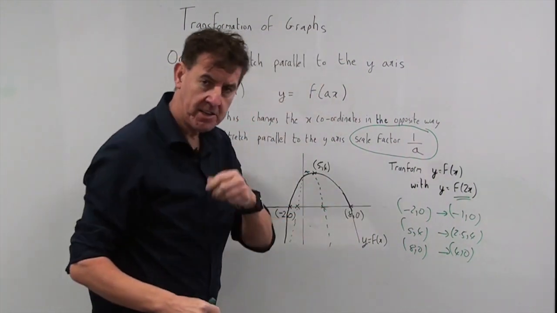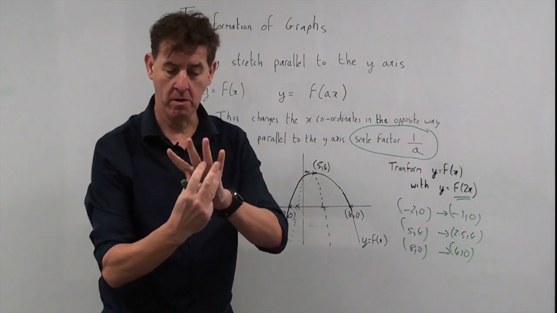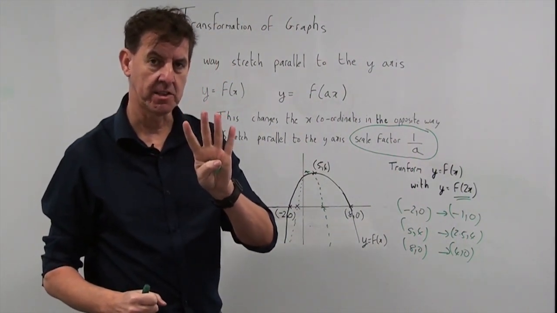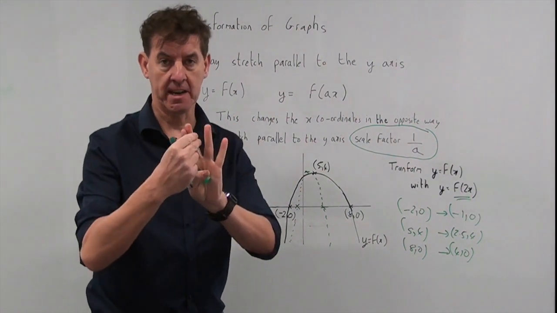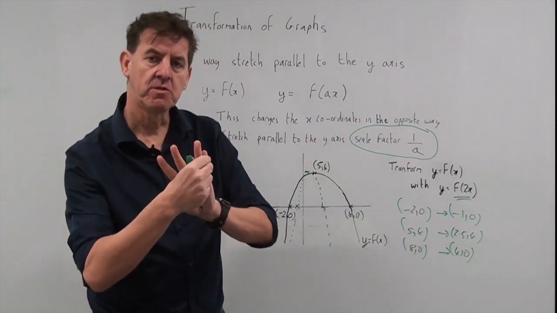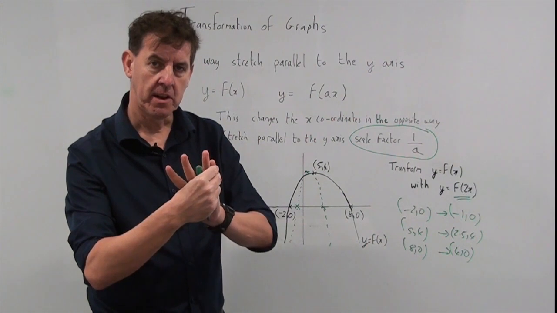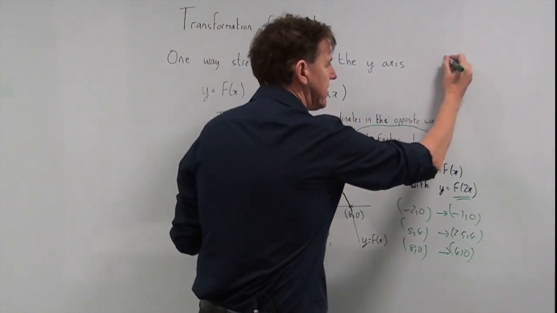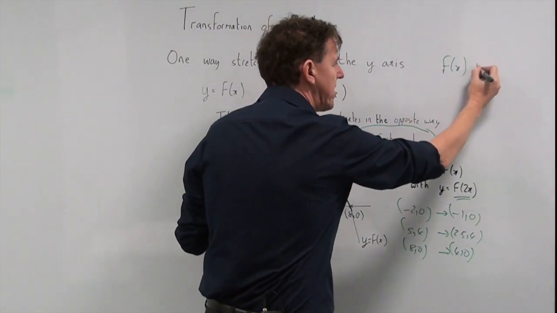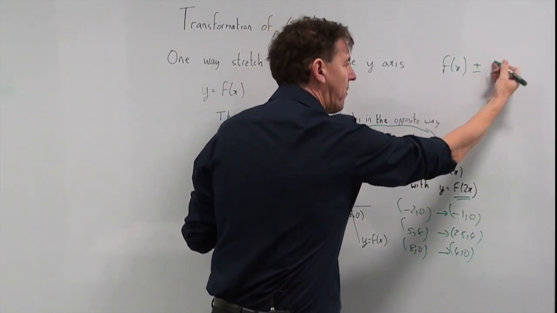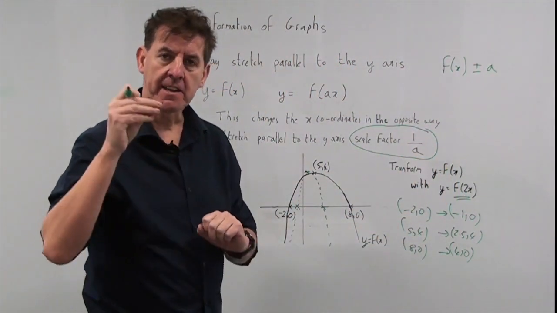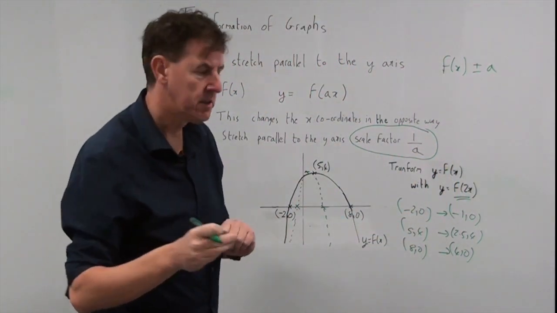So, to summarise at the moment then, we've got 4 transformations. We've got 2 translations and 2 stretches. Let's remind ourselves of the 2 translations. Translations are when we have the number being added or taken away on the outside. What does that affect? That affects the y coordinates.